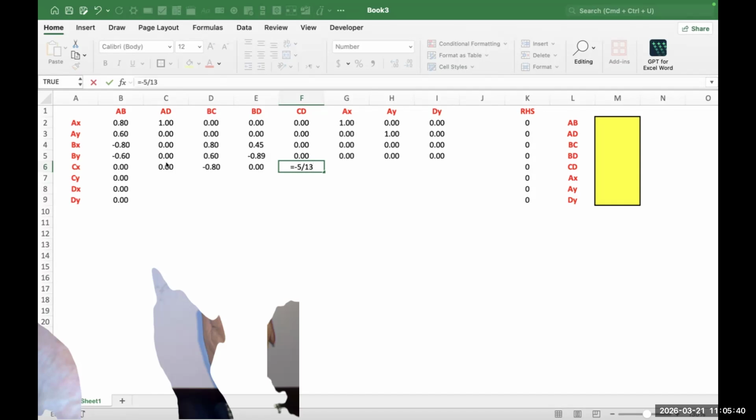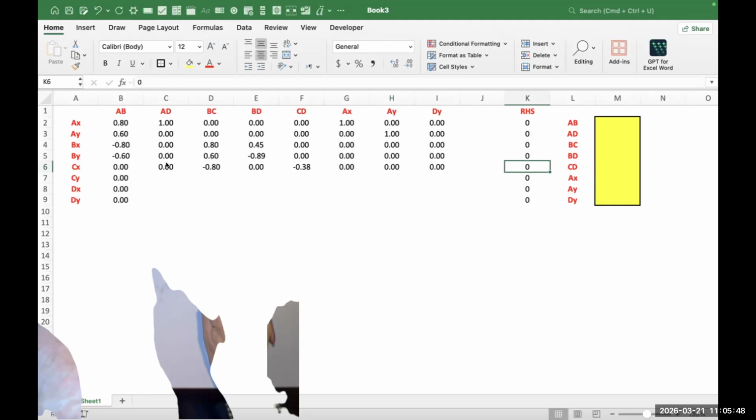I think if I say 5/13, it won't accept it. And then 0, 0, 0. But when I come here, I say negative 22, because as I said, we are going to move it to the right-hand side of the equation. So this equation would read negative 0.8 BC minus 0.38 CD equals negative 22.